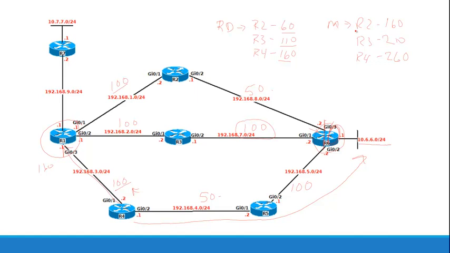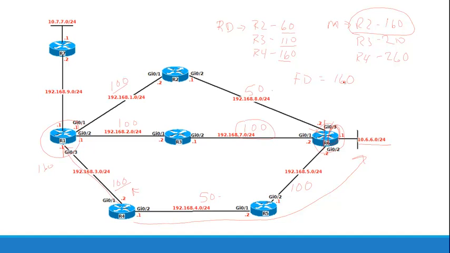Now let's see. First things first, best metric is going to be through R2. That becomes my feasible distance. So my feasible distance is 160. Do I have any feasible successors in here? Remember, in order to be a feasible successor, you have to meet the feasibility condition.